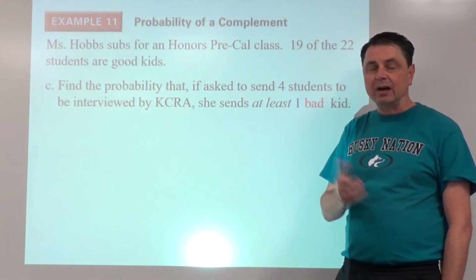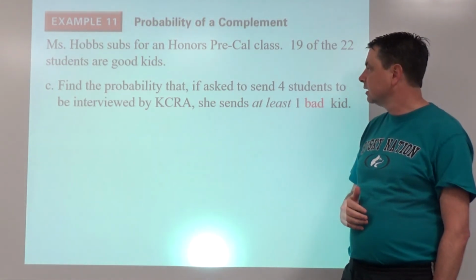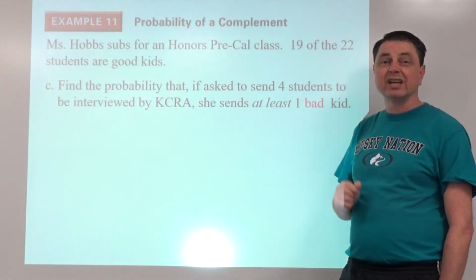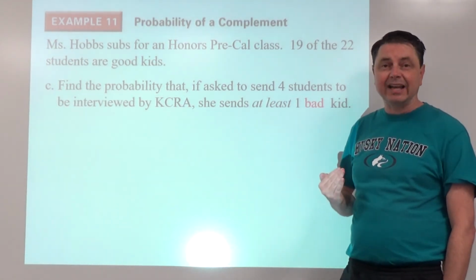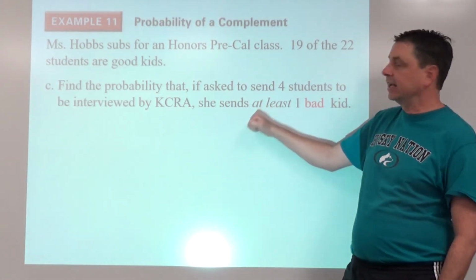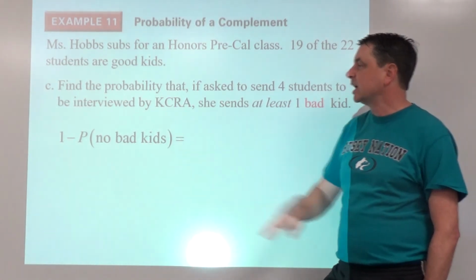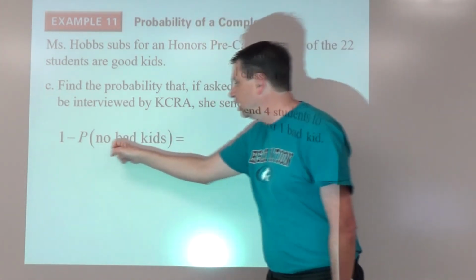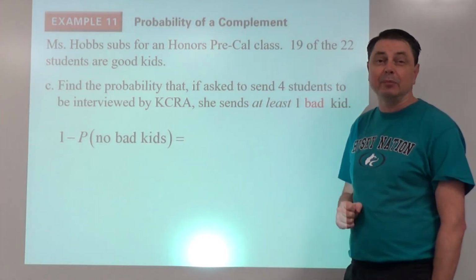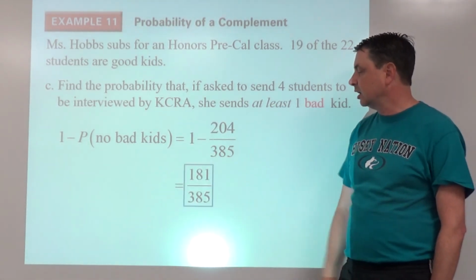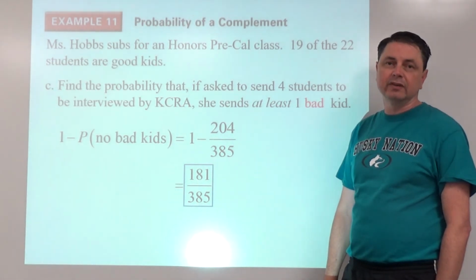So if we found that, which should be actually pretty easy, because I think we already did that in part A, since we're talking about complement, we could subtract that answer from 1 and have our answer. And that's how we could use complement. So we're talking about 1 minus the probability of no bad kids, because that is the complement, which we already found. So that's going to be 181 out of 385.